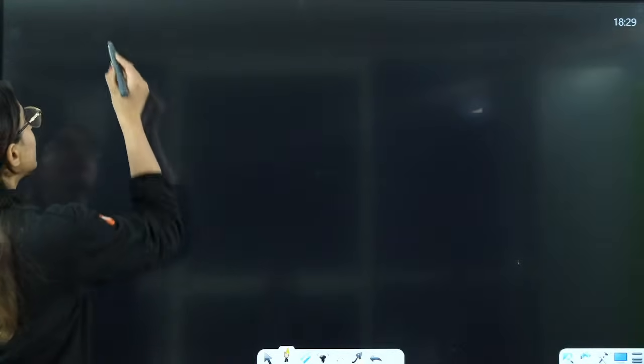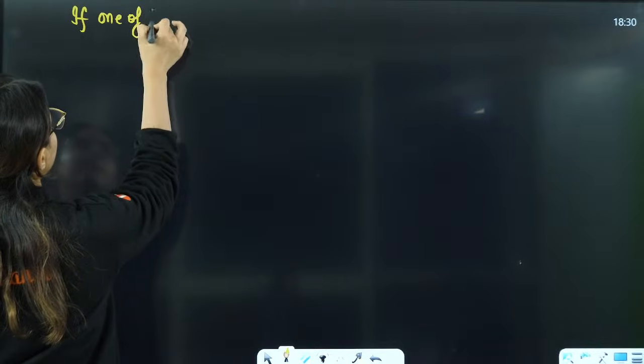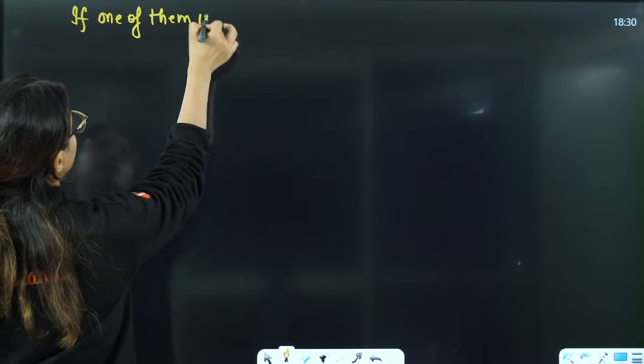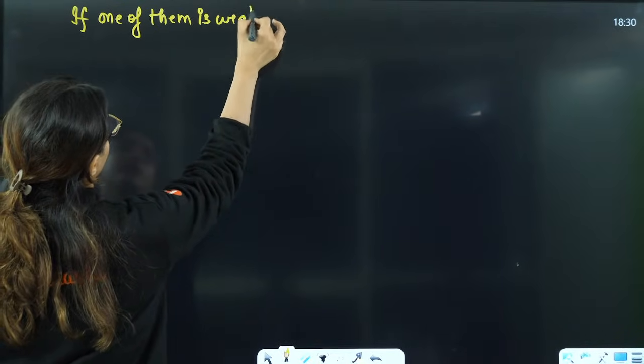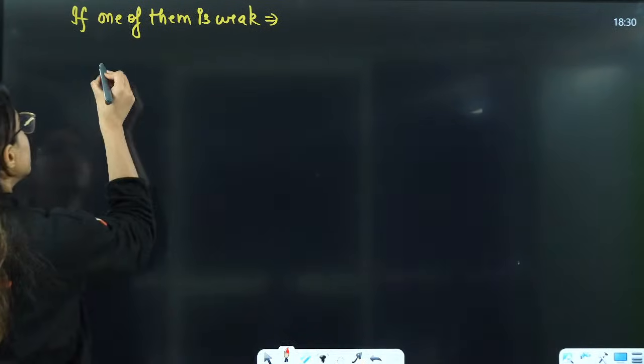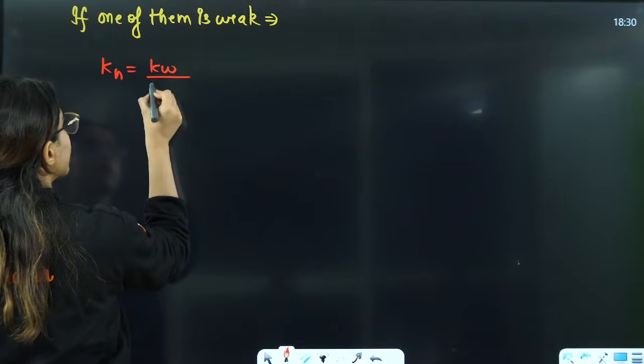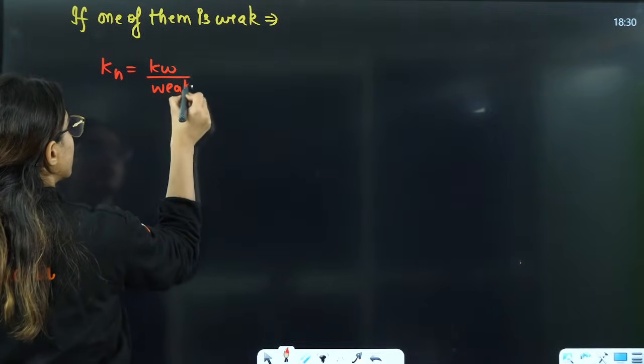Now remember one thing here. Here I am writing the trick. If one of them is weak, what are the formulas that you need to remember? Kh is always equal to Kw by whatever is weak, right?